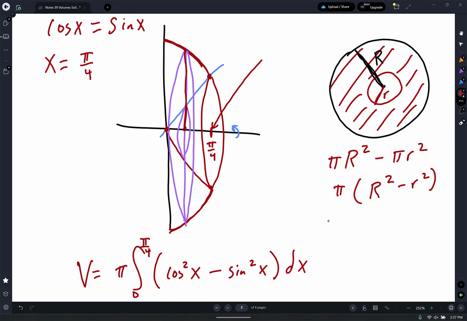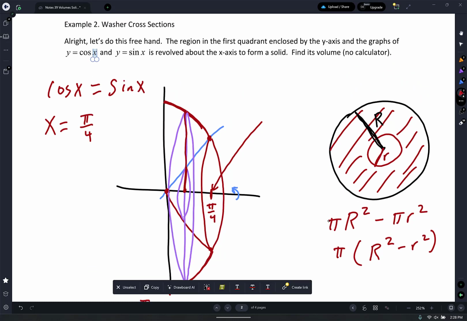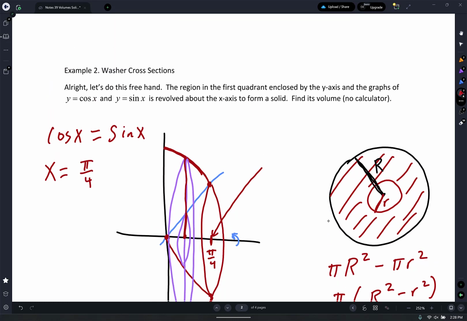Yes, it is a formula. Do you remember the formula for cosine squared minus sine squared? Side note: cosine squared plus sine squared is 1. So go up here. Do you remember that cosine of A plus B was cosine A cosine B minus sine A sine B?